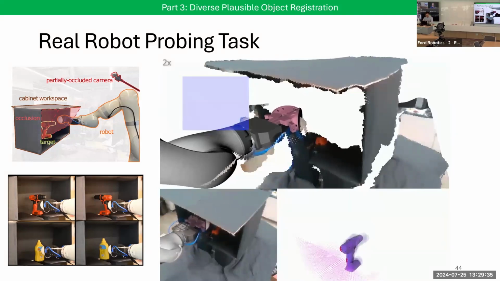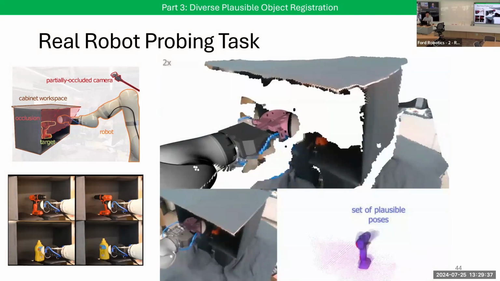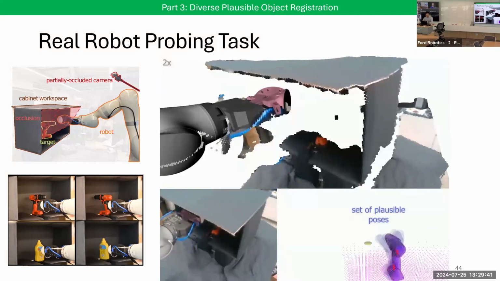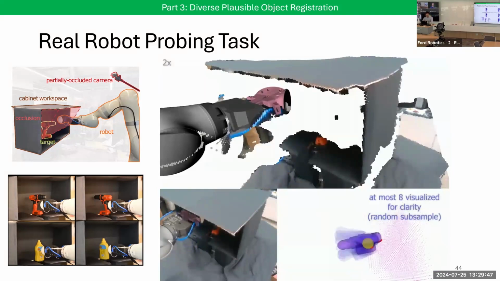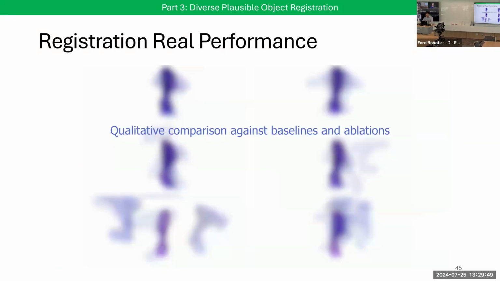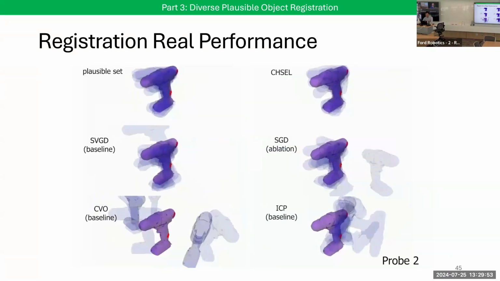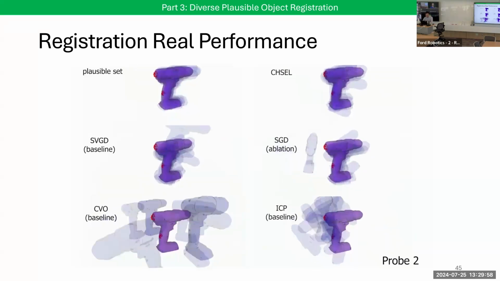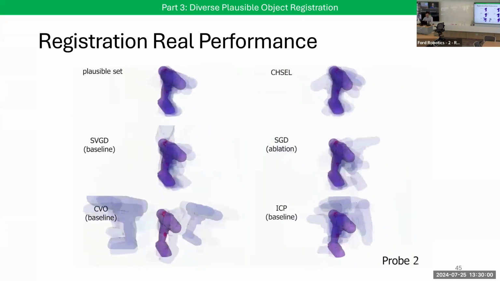Here in the initial position, the camera is actually occluded by the top of the cabinet so that it can only see parts of the free space. Let's take a look at a comparison of our method against the baselines qualitatively. Ground truth plausible pose is shown in the top left, and our method is shown on the top right. We see that qualitatively, they are actually the closest.